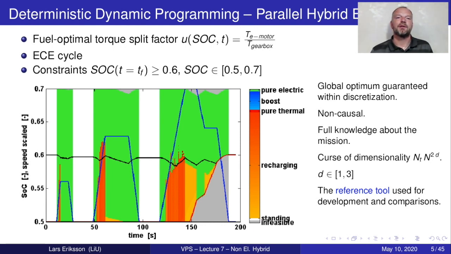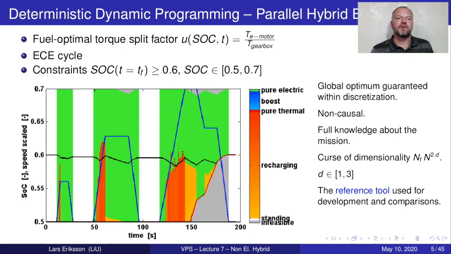Normally, deterministic dynamic programming is used for 1 up to 3 dimensions. Deterministic dynamic programming is the reference tool used for prototype development and comparisons due to the properties that it guarantees global optimum within the discretization.